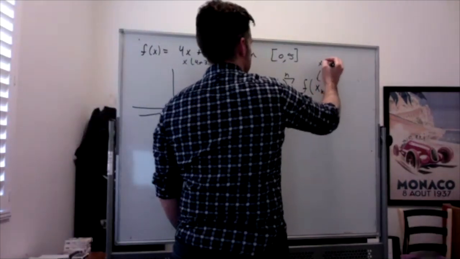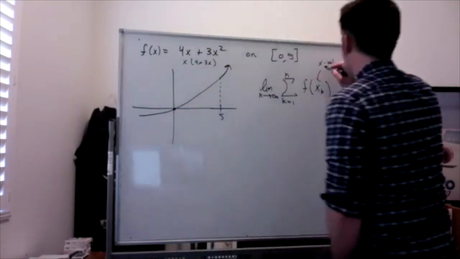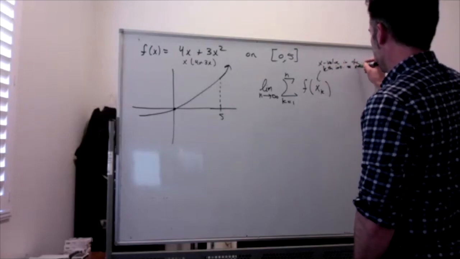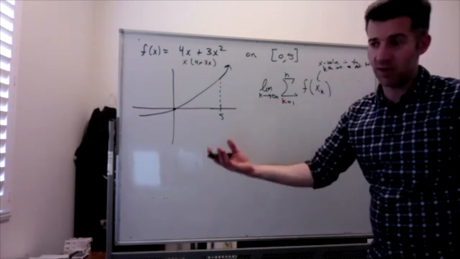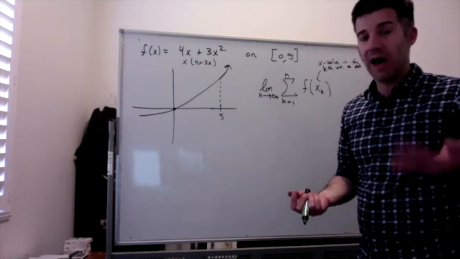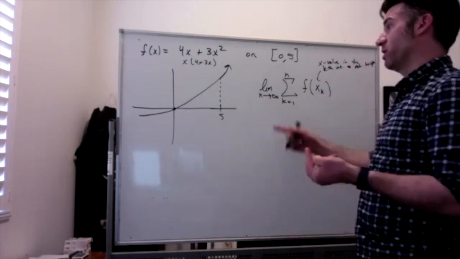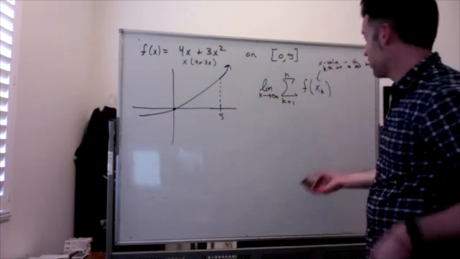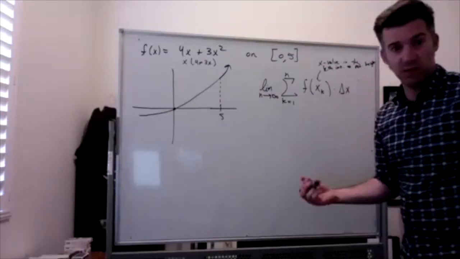This is the x value in the kth interval that we use to determine the height. It could be the left endpoint, the right endpoint, the midpoint, it literally could be anything. I'm going to use the right endpoint because that is the easiest way to do it. It's also what would be right for this problem if you're looking for overestimates to start off with. And then we're going to multiply by delta x, which is just the width of the subinterval.